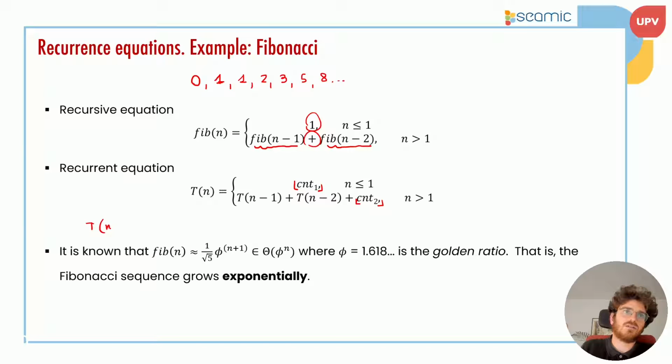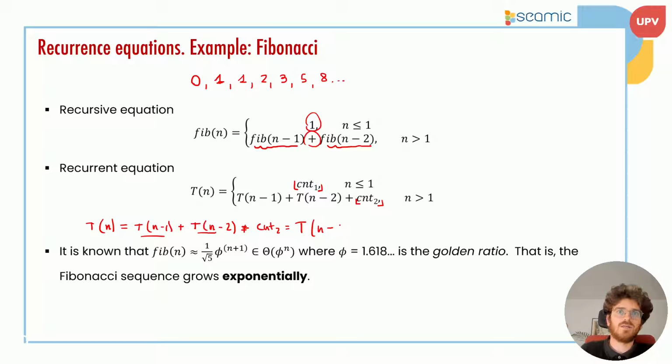For example, we could start the same as with the factorial, start here and say t of n minus 1 plus t of n minus 2, plus constant 2, and then replace this one and this one. But then we'd get a series of never-ending replacements with a difficult mathematical solution.